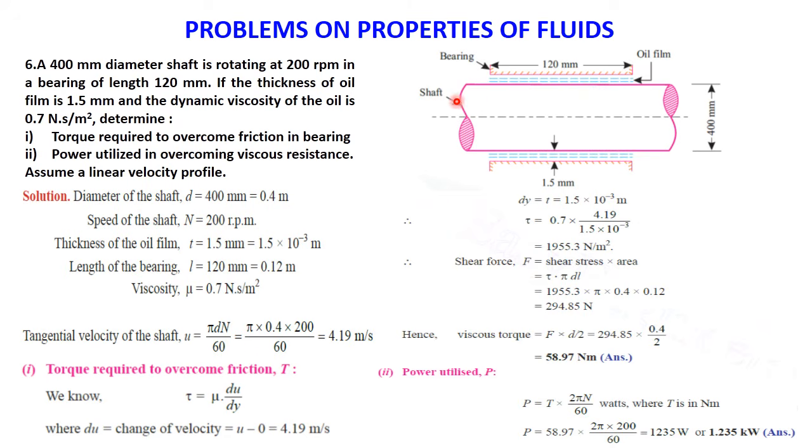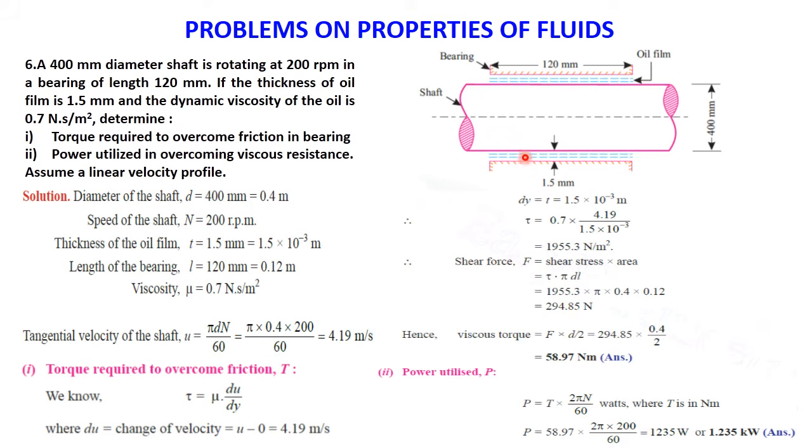See, in this problem, there is one shaft given to us, the diameter of the shaft is 400 mm, and the rotation of the shaft is 200 rpm. The bearing length is 120 mm. It means the actual bearing on which the shaft is placed is around 120 mm. Between the shaft wall and the bearing, there is a fluid layer.